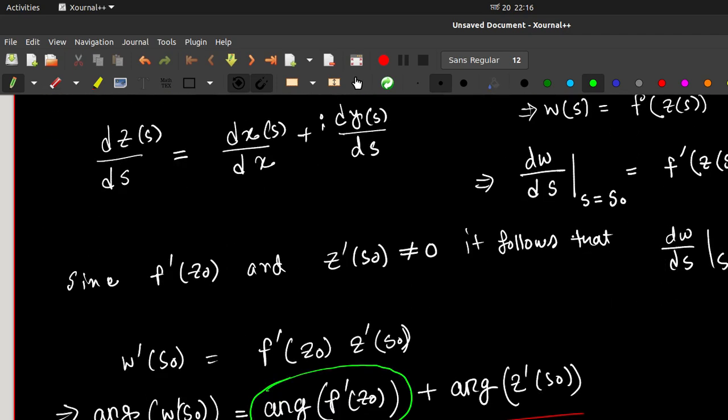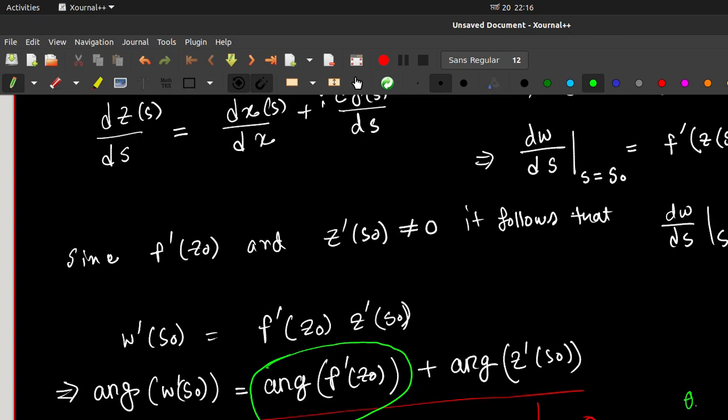So according to this analysis, theta 2 prime would be theta 1 plus the argument of f prime of z naught. That means it's getting rotated by this amount.